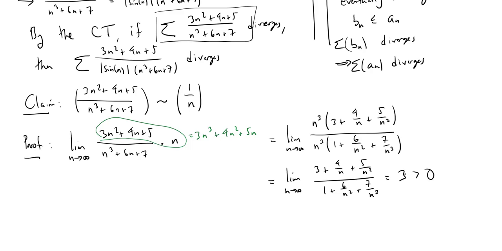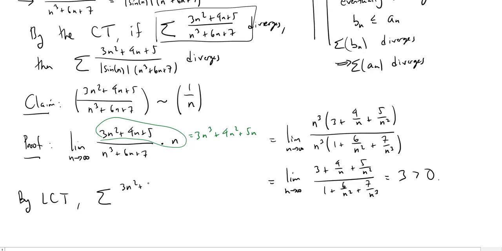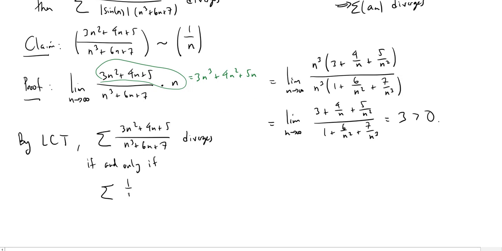So this tells us we can use the limit comparison test, because we have just established that these two sequences, because this limit is positive, are asymptotically equivalent. So by the limit comparison test, the series corresponding to (3n squared plus 4n plus 5) over (n cubed plus 6n plus 7) diverges, which is what we want to show, if and only if the series corresponding to 1 over n diverges.